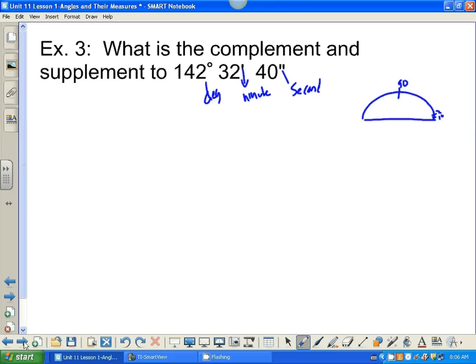You might not think that it's really important to be talking about that small of a quantity. I mean, think about 1 degree. 1 degree is so hard for me to draw on the board. And now we're going to split that up into 60 pieces and split each of those into 60 pieces. But a lot of times degrees, minutes, and seconds are definitely used in the nautical world.